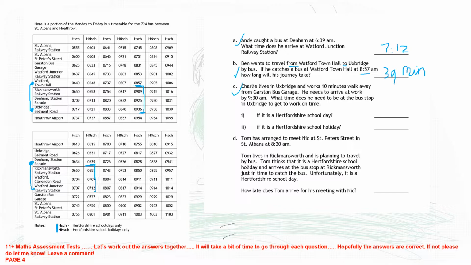So he lives in Uxbridge and he has to go to Garston Bus Garage. So it's here. He lives in Uxbridge. And let me use a different colored pen so it makes things clearer, as it could be confusing. So he lives in Uxbridge and he has to go to Garston Bus Garage.